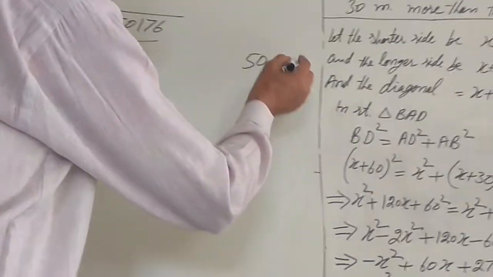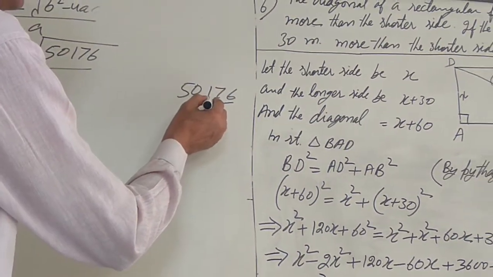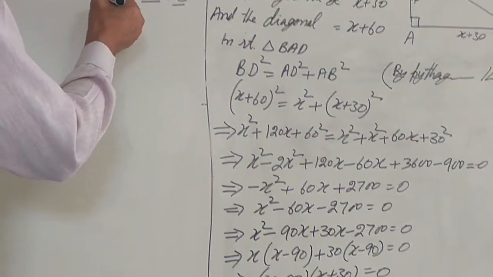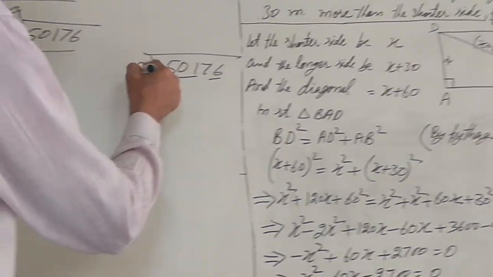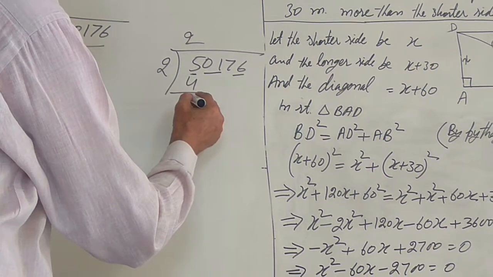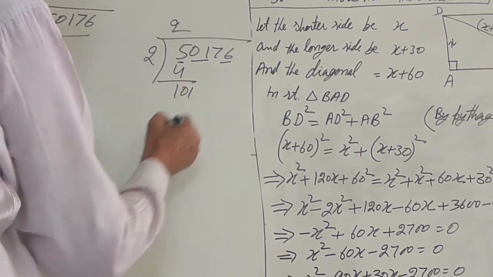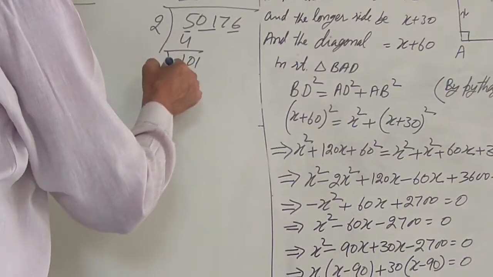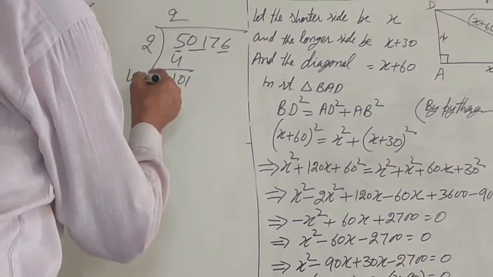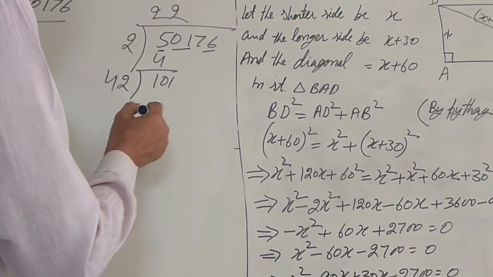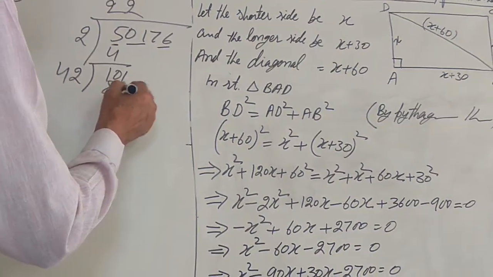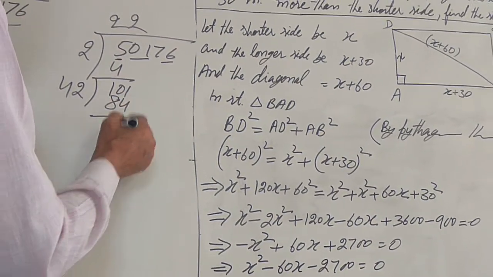50,176. This is one pair, two pair and so on. So this should give you 2 2 are 4. How much do you get? Now 4 and 2 2, so this will give you 84, you get 7.